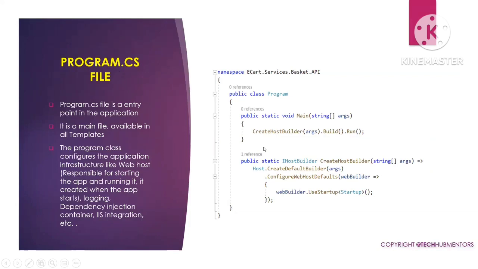In the program.cs file, you can see public static void Main, CreateHostBuilder dot Build dot Run. It means it will start whenever any HTTP request comes to the main method, this entry point. It will start building the project, run it, and start creating a web host for it.